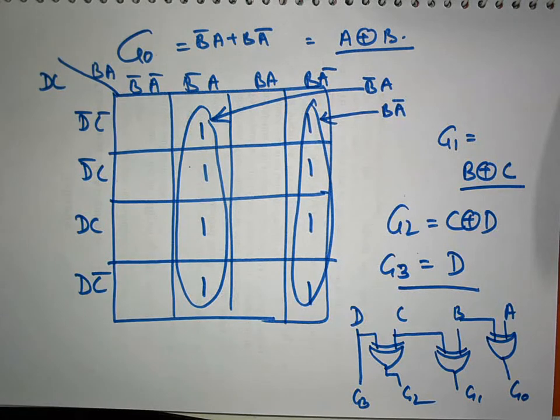Similarly, you can proceed for a gray to binary code converter, because reverse conversion is also essential. Once you have converted a given binary pattern to gray for some processing, and you have completed your processing, you have to perform the reverse conversion, that is, from gray to binary.